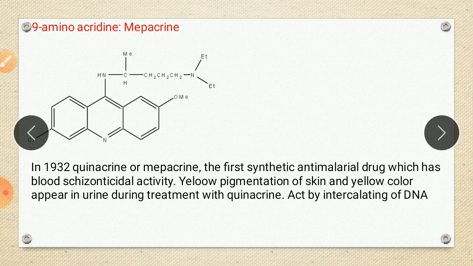Yellow pigmentation of skin and yellow color in the urine appear during treatment with quinacrine. It acts at many sites within the cell, including intercalation of DNA, mitochondria, and the electron transport system. So these drugs have multiple actions. Mainly it acts by intercalating the DNA, or it directly acts on mitochondria. So it has limited use, that is mepacrine.